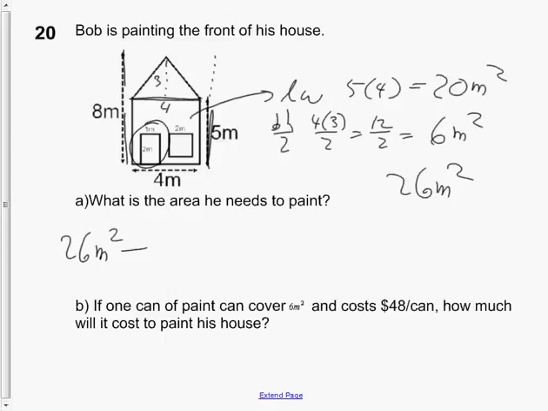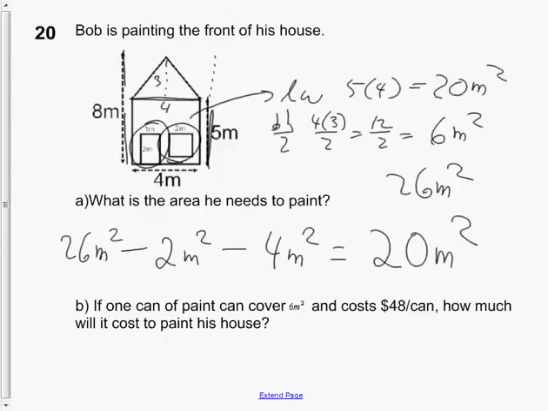The door is a 2 by 1 rectangle, which means it has an area of 2 square meters. That square window has a length of 2 meters, which means its area would be 4 square meters, because 2 by 2 is 4. And therefore, the amount of surface that needs to be painted on the front of that house is 20 square meters.